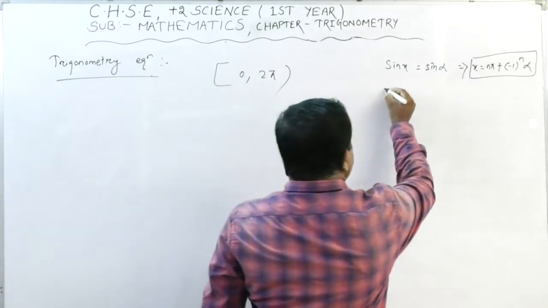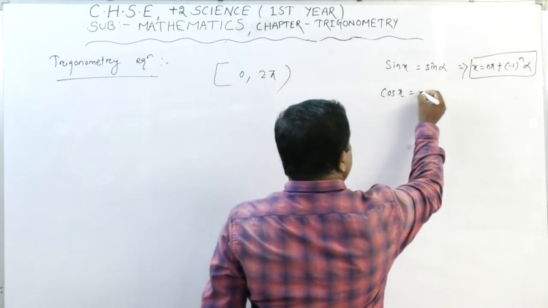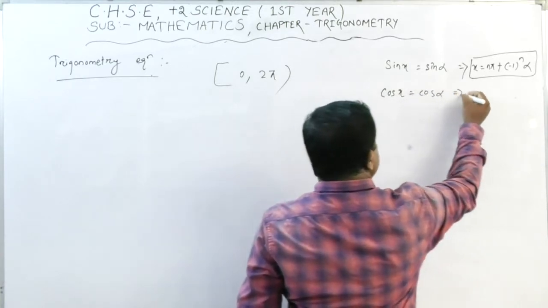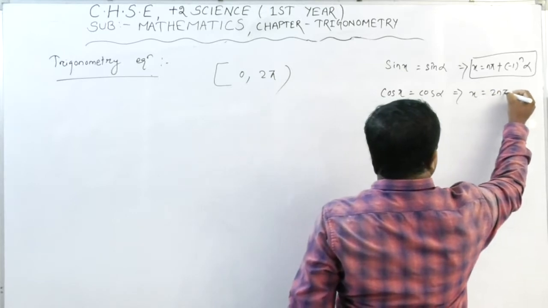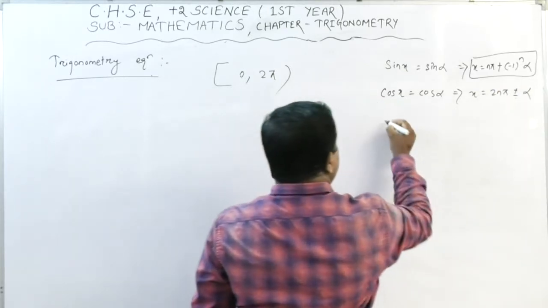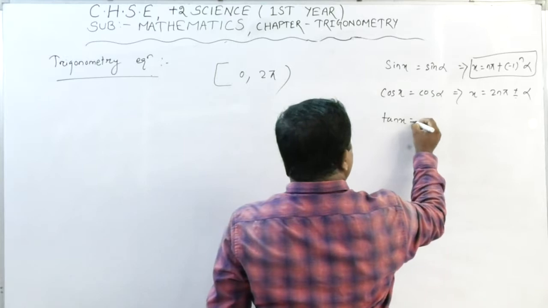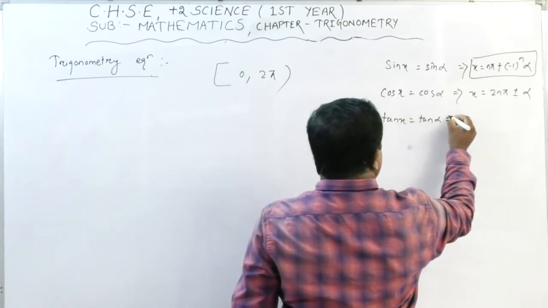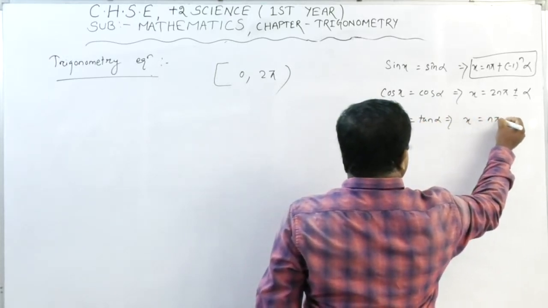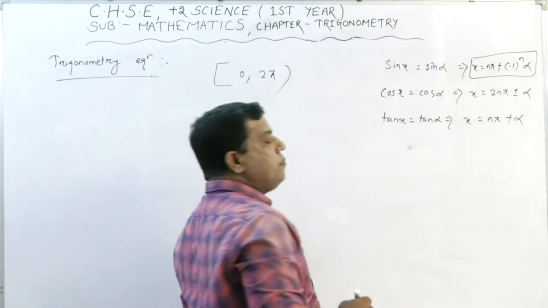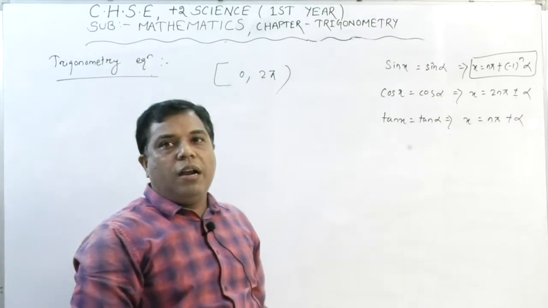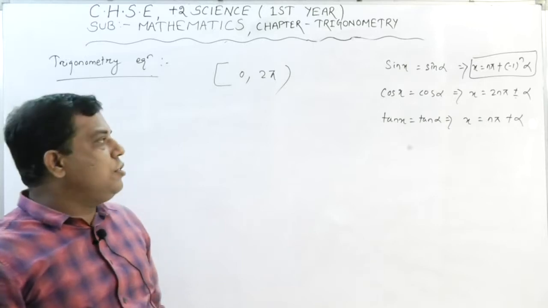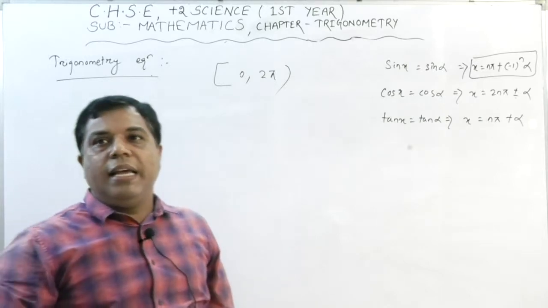Similarly, if cos x equals cos alpha, then x is equal to 2n pi plus or minus alpha. If tan x equals tan alpha, then x is equal to n pi plus alpha. In this way, we learned about the general solution of trigonometric equations.